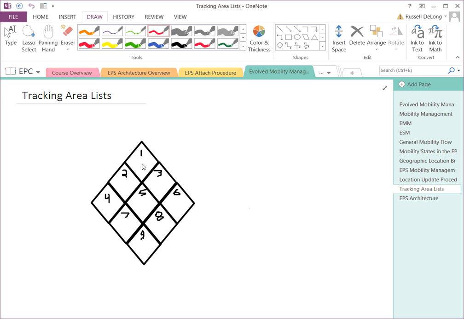That is, there is a trade-off here in how large you make a tracking area, or how large you make a traditional location area. The larger the location area is, the fewer location area updates you're going to have from the users, right? Because if they're moving constantly across the network, the bigger you make a single location area, the less likely they are to cross location areas and need to tell the network about it.